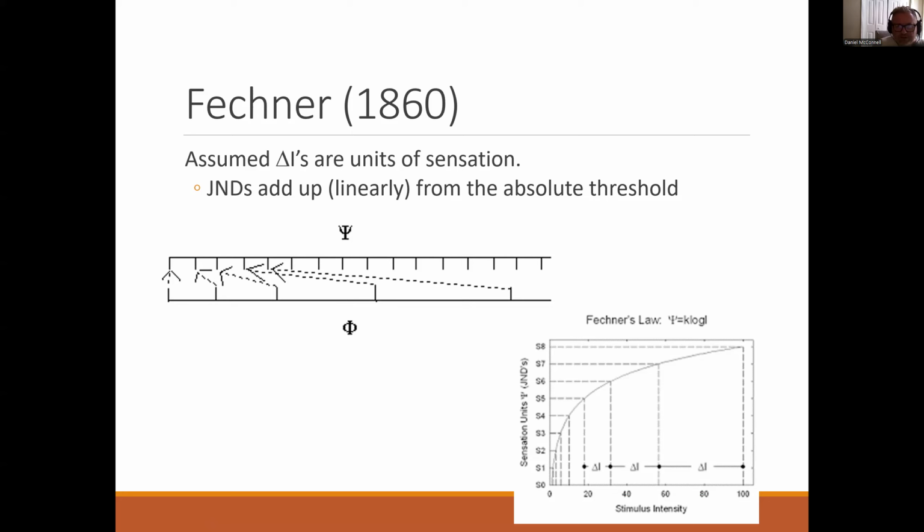When Fechner realized that JNDs are units of sensation, that's when he had the idea to create psychophysics, to actually create these kinds of plots that we're looking at here. Weber really didn't go that far.